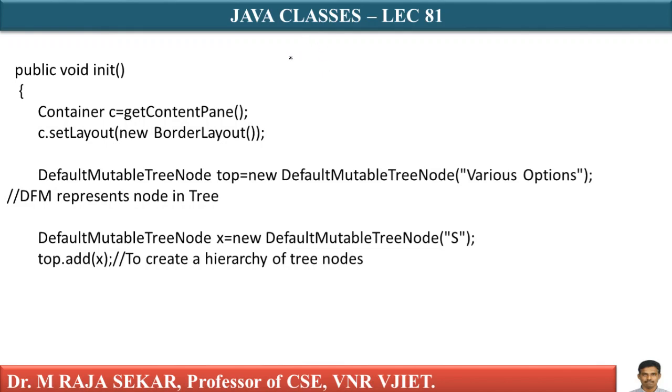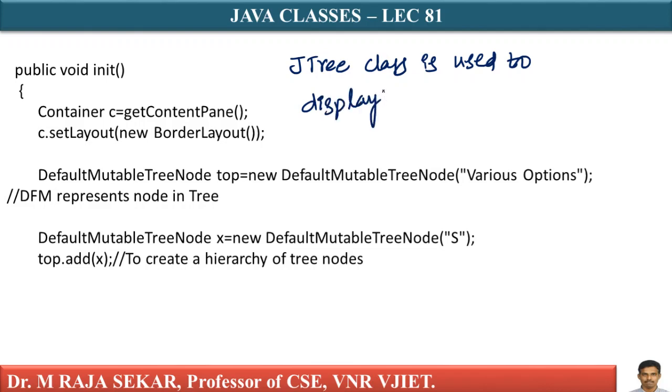The JTree class, what is my JTree? JTree is a class. What is the purpose of this class? It is used to display the tree. The JTree class is used to display tree structured data, as we have seen in the first slide itself.